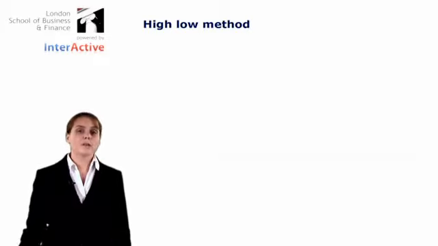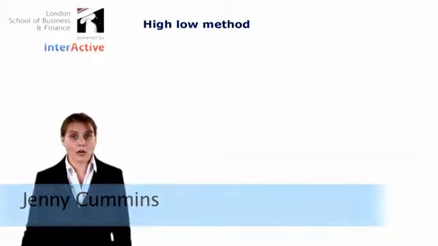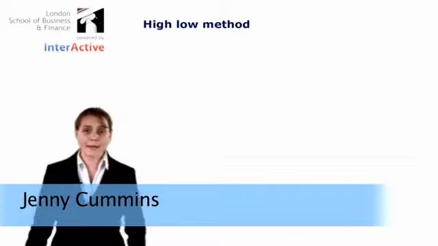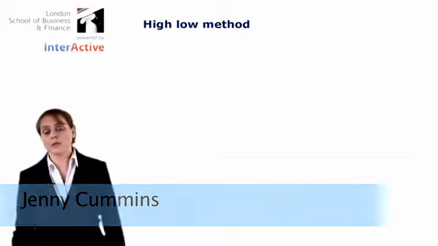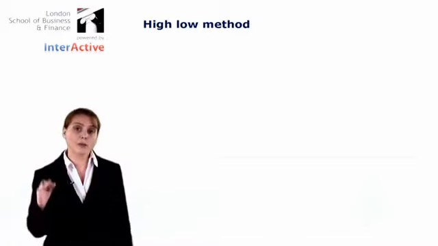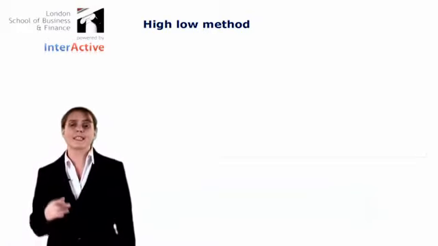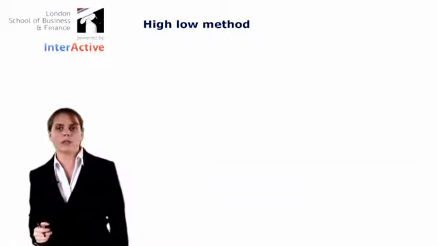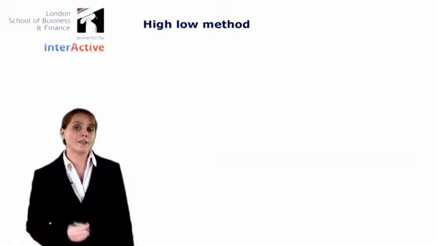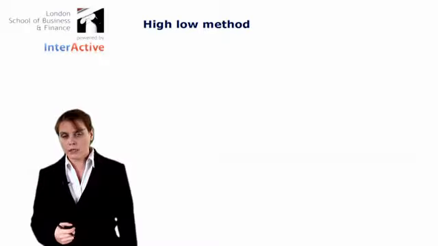In the last session, we looked at semi-variable costs, and we saw that semi-variable costs are costs which contain both a fixed and a variable element. And we said that total cost for a company is a semi-variable cost.